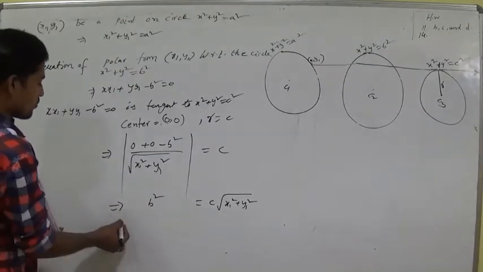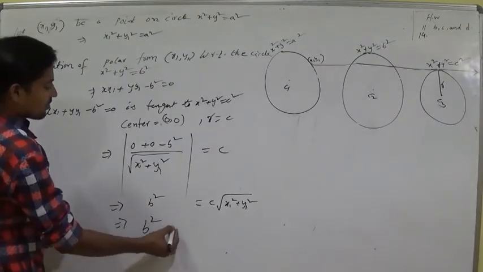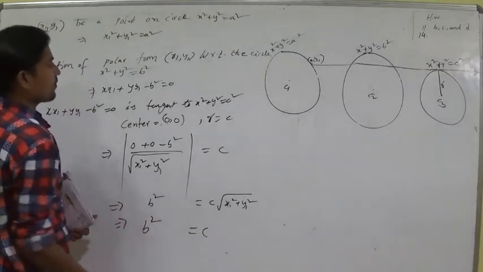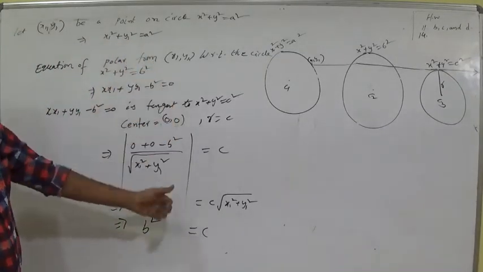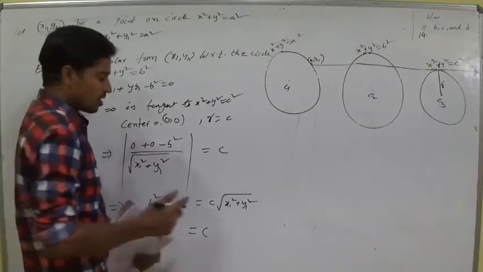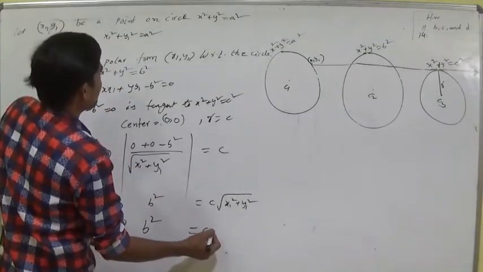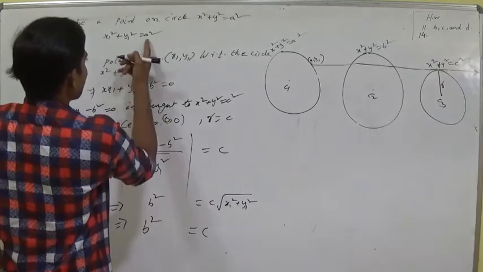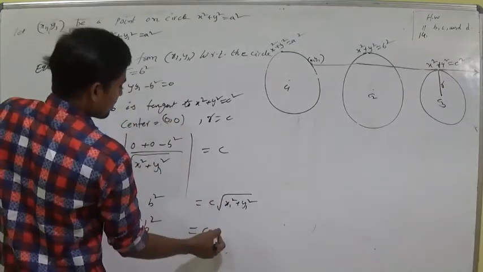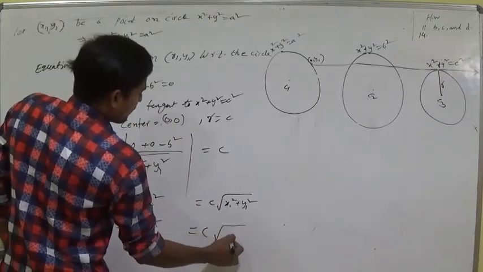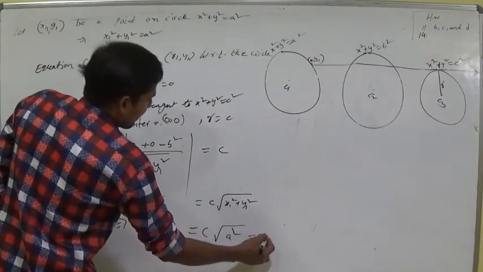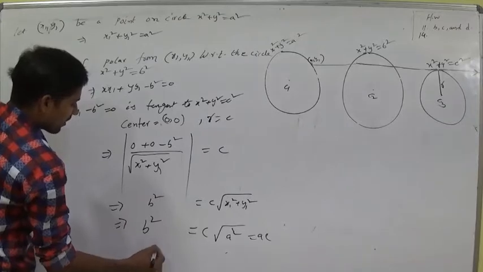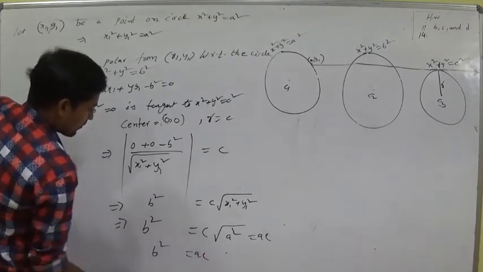Now b square is equal to c into, from this, x1 square plus y1 square is equal to a square. So instead of that we can write x1 square plus y1 square is equal to a square, the square root cancels, which becomes otherwise square root of a square, right? Which is equal to AC. b square is equal to AC.